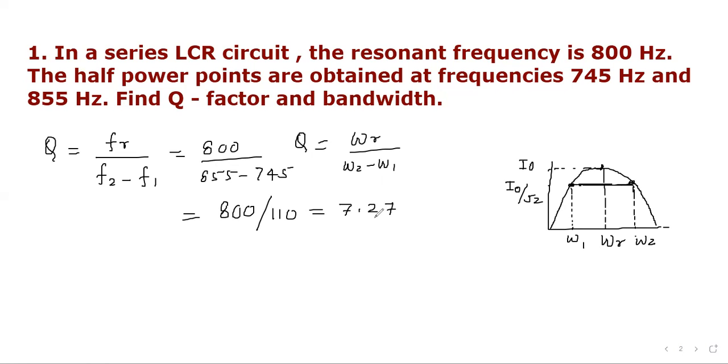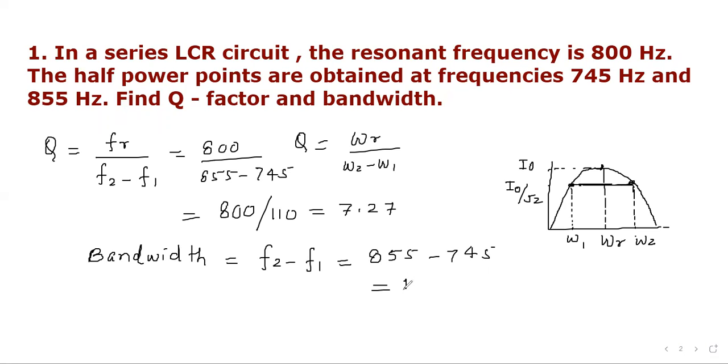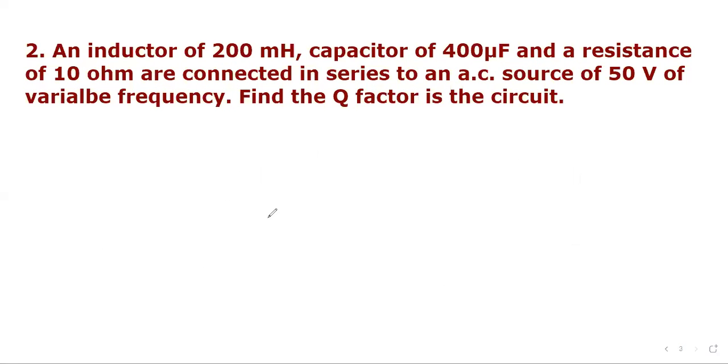So quality factor is 7.27 and bandwidth equal to F2 minus F1. So it will be 855 minus 745. So that will be 110. Now let's see next question.